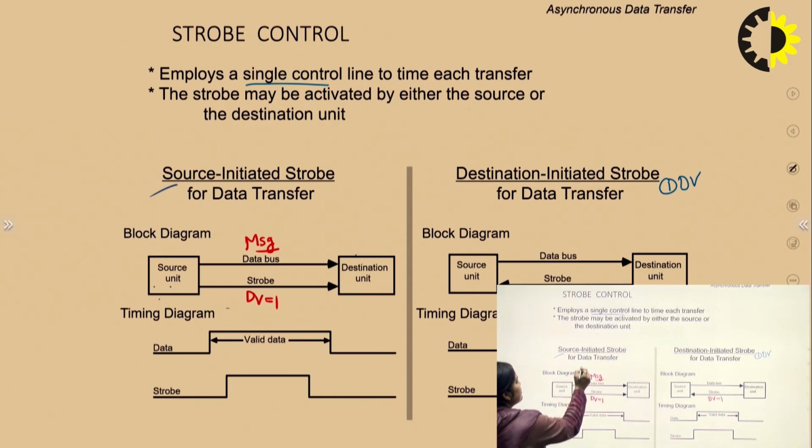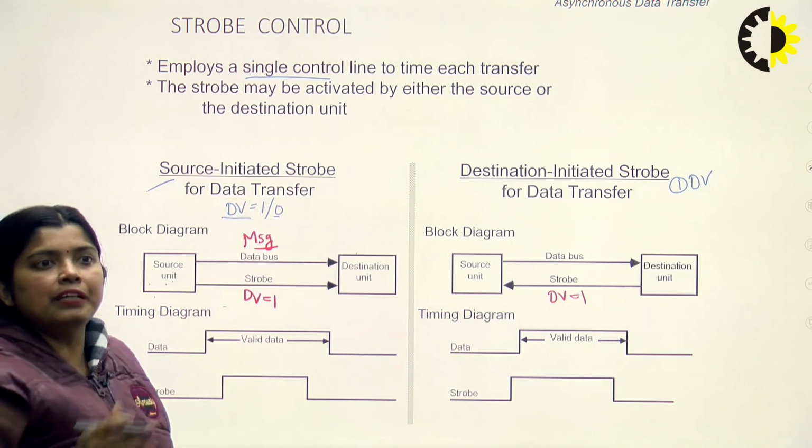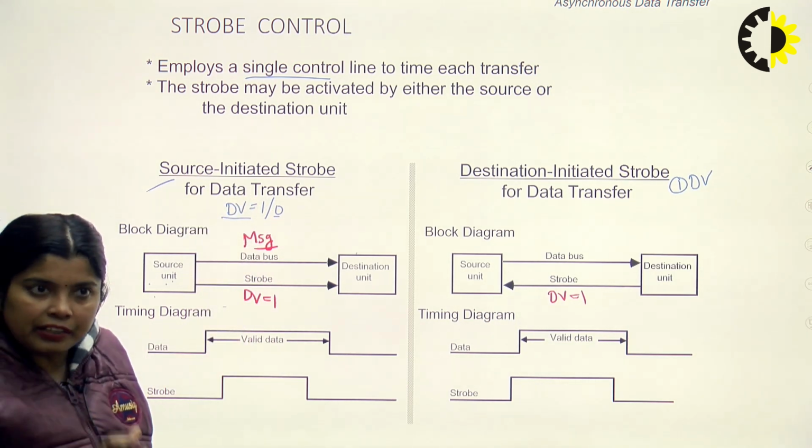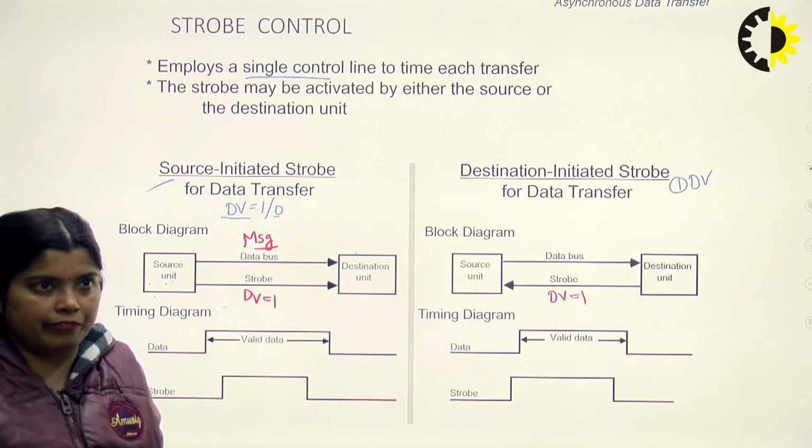Then this data valid line is 1. Because it is a single bit, the data valid value can be 0 or 1. Data valid value 1 means the source has some valid data. And if the data valid value is 0, it means the device has no data to transfer.